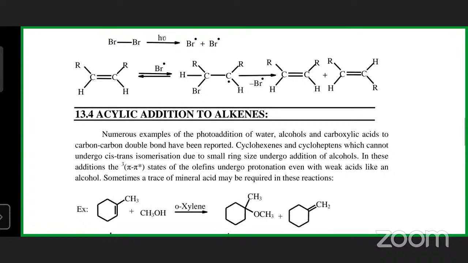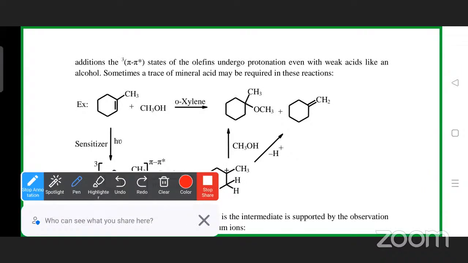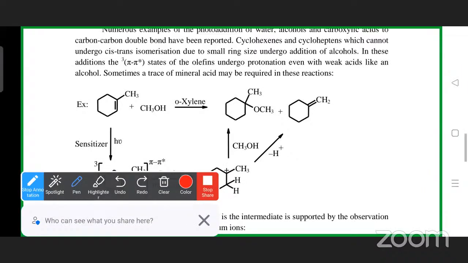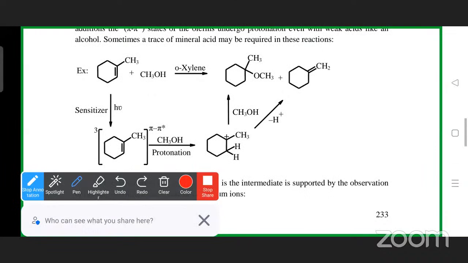Generally in this addition reaction, here you see methyl cyclohexene, upon reacting with methanol in the orthoxylene solvent. Orthoxylene is a solvent here.